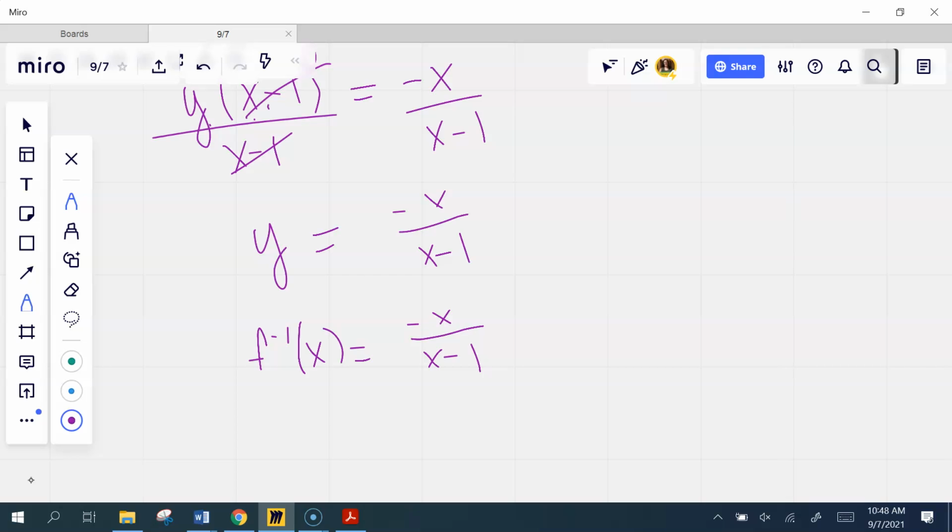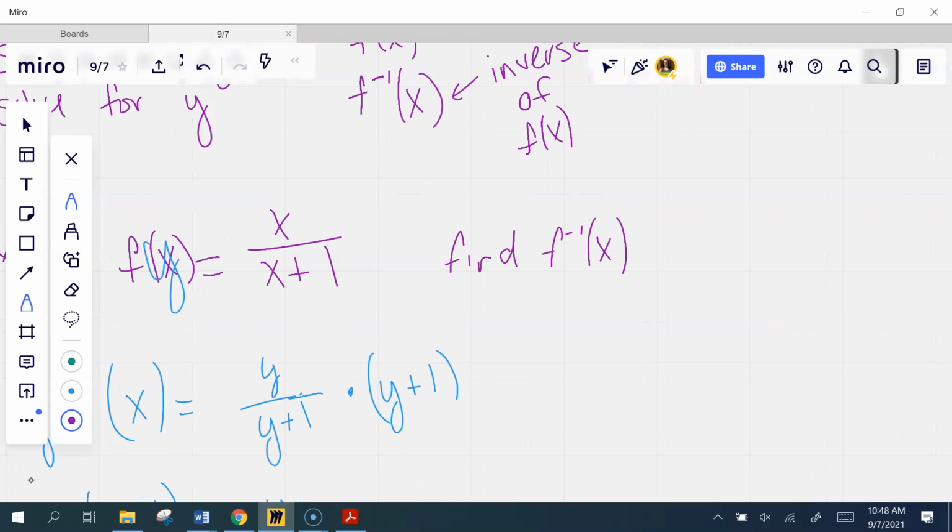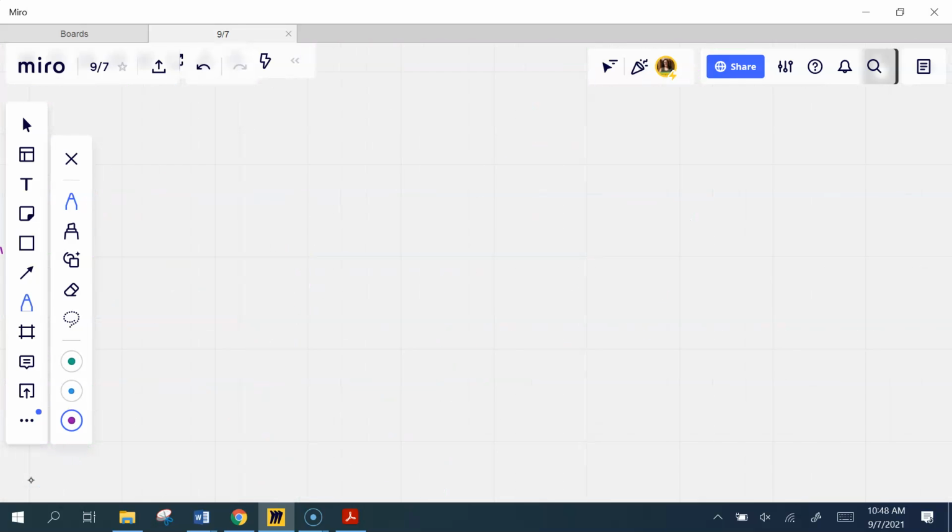Ready? Find the inverse. This one might end up doing the same thing.